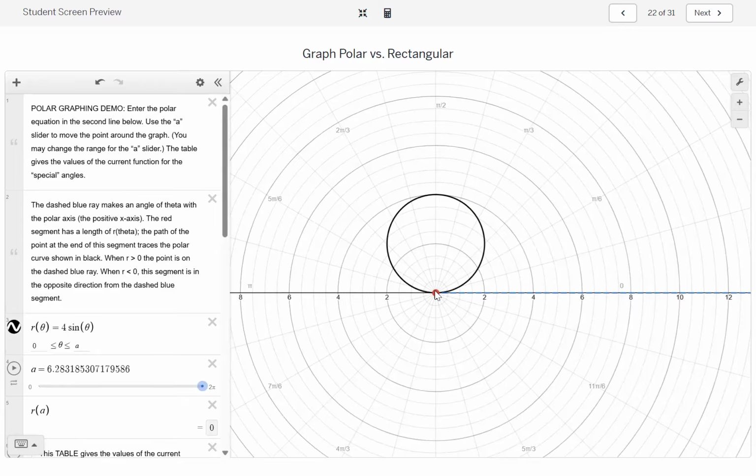If I was just going to freehand draw this circle, I would probably draw it clockwise because I'm right-handed and that's how my brain translates it. But if we look at the way the point traces around, it actually traces around counterclockwise. So just an interesting note there.